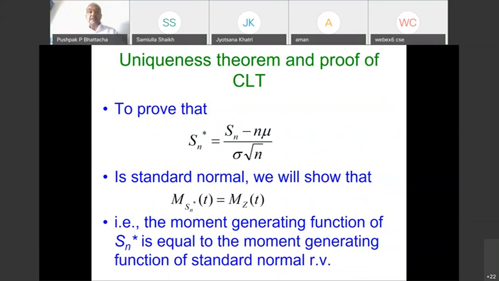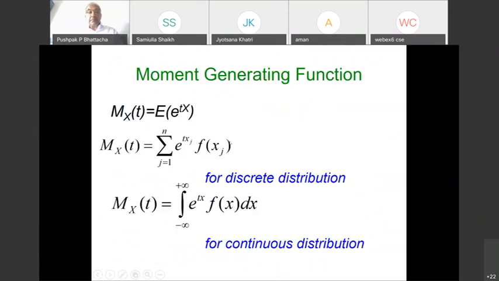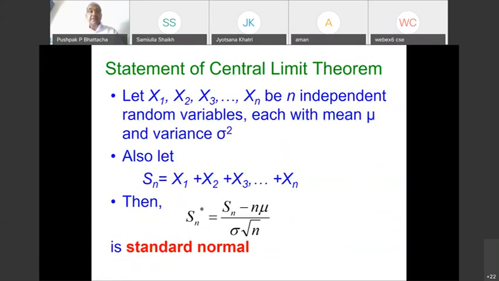And this is the statement that if you take random variables x1, x2 up to xn and take their sum, and each random variable has mean mu and variance sigma square, then Sn minus n mu divided by sigma root n follows a standard normal distribution. That is the theorem.